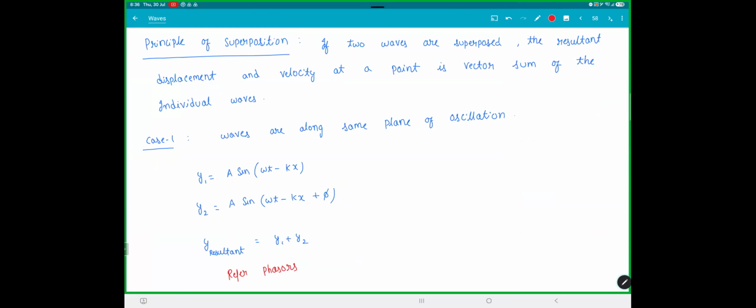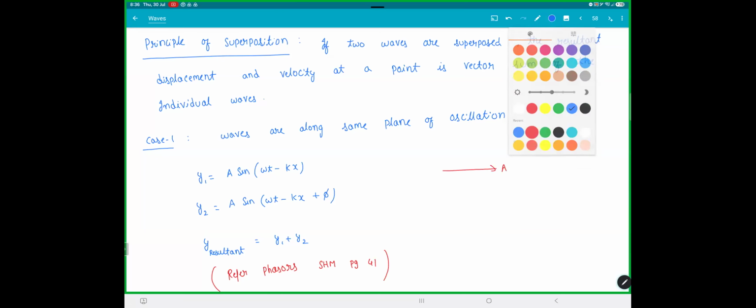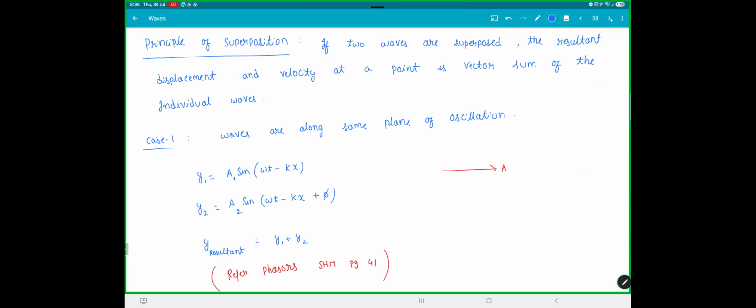Definitely revise this concept because we are going to use this again in alternating current. So when you add these two vectors, I can take one as a1, and the other vector will be a2 with phase angle phi. The resultant of these two vectors will be some R and this angle will be alpha.